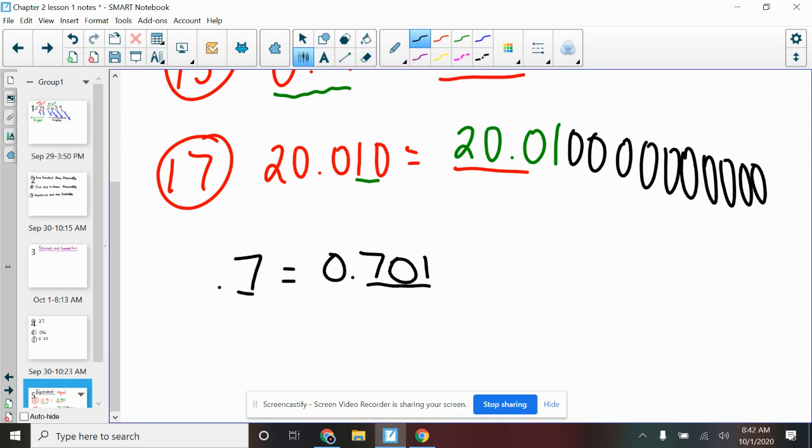All right, so let's check and see what those other answers were for that section about equivalent. Okay. So for number 13, we did that one. For number 14, you either could have done 0.050, like you added a 0 there to that answer, or you could have had 0.0500 if you wanted to add 2 zeros.